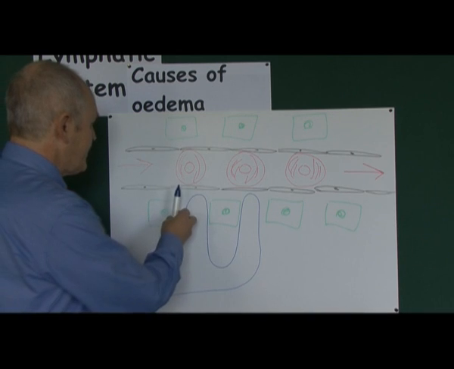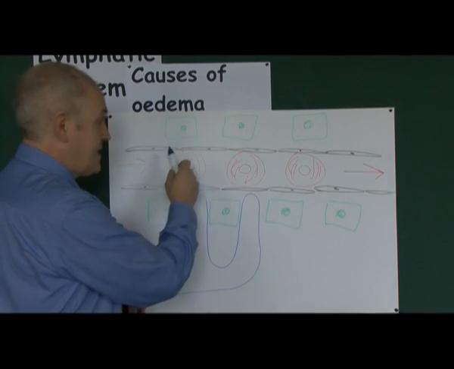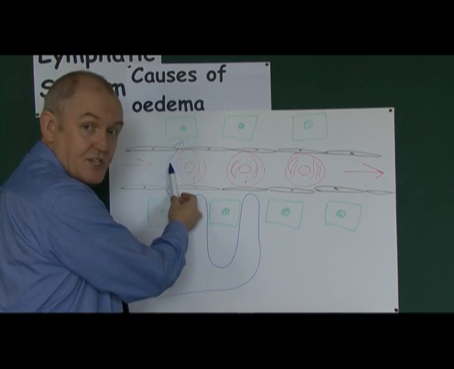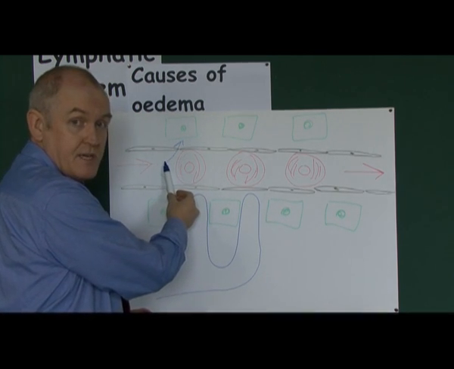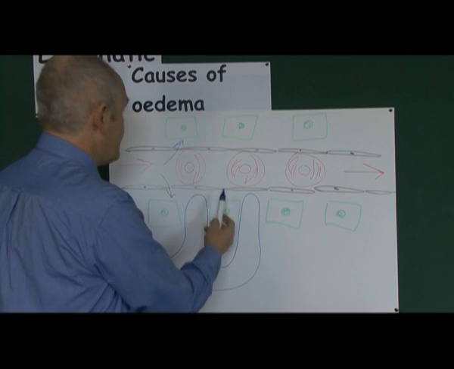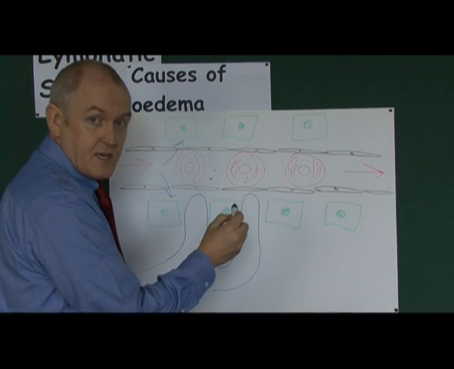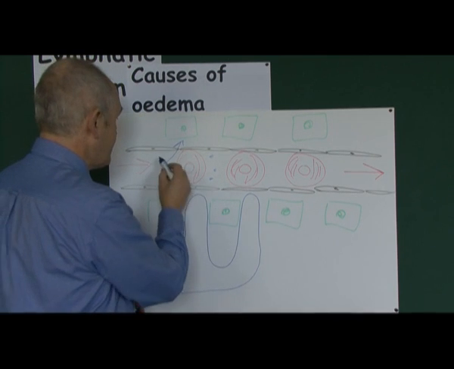And we know that tissue fluid forms at the arterial end of the capillary because the hydrostatic pressure, the blood pressure in the capillary, is greater than the osmotic pressure. The osmotic pressure, remember, is generated largely by the presence of the plasma proteins.